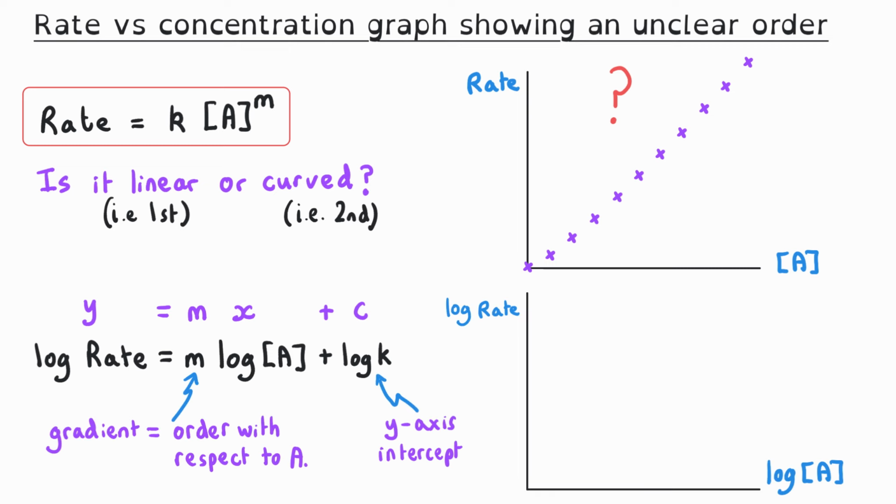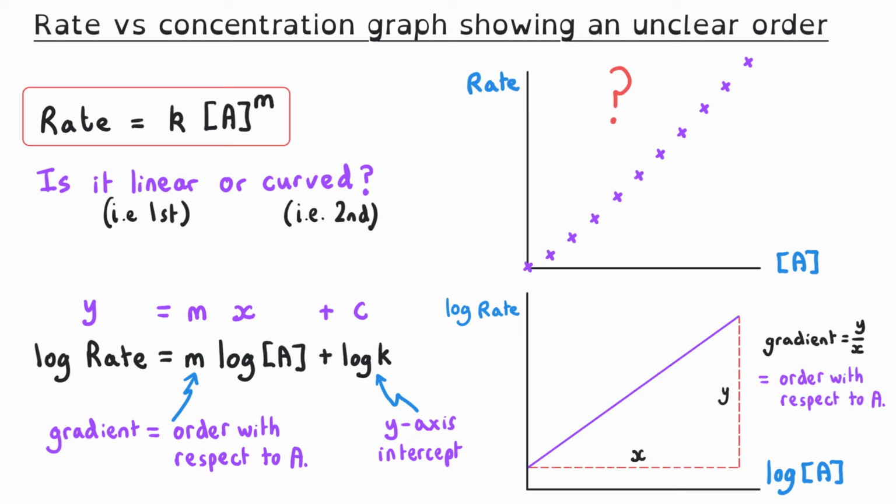And so if we plotted the log of the rate of reaction on the y-axis and the log of the concentration of chemical A on the x-axis, this graph would be a straight line graph, and the gradient would be equal to the order of reaction with respect to the concentration of chemical A, and the log of the rate constant would be the y-intercept. And the y-intercept could be plus or minus depending on the size of the rate constant itself.